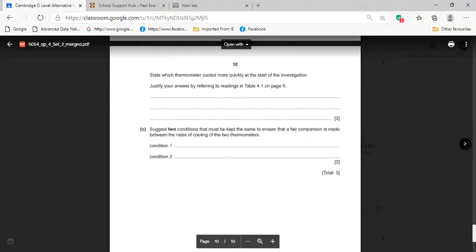Very good. Then, what did you write, Tamjid? Sir, I wrote that same room temperature and same temperature of the water. You can say another thing, more specific, like same initial temperature, right? Yes, sir. Same initial temperature.